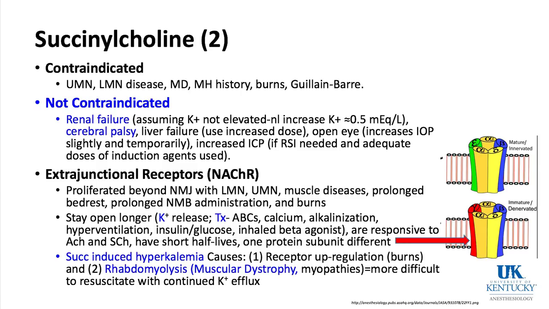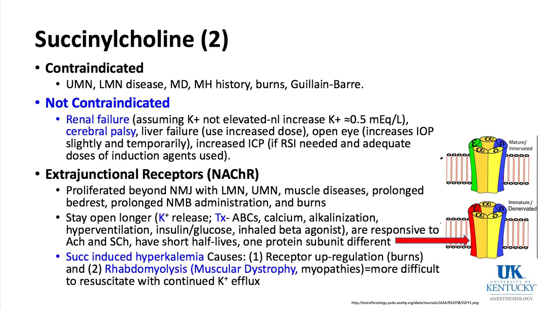These extrajunctional receptors are a little bit different, and the graphic on the right shows the arrow pointing to a denervated receptor that grows outside the junction. You can see here it still has its 2 alpha subunits, but it has one different, that gamma unit. And these extrajunctional receptors tend to stay open longer.